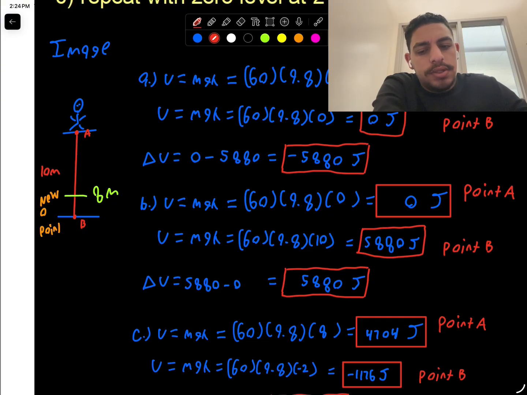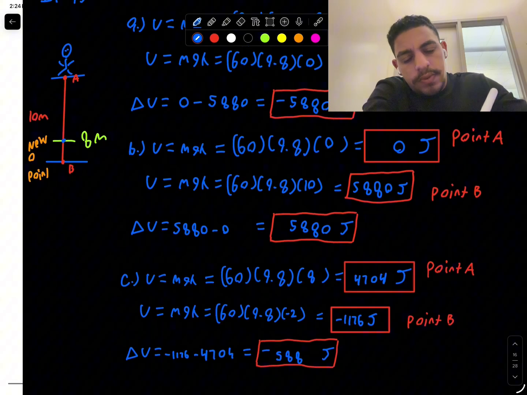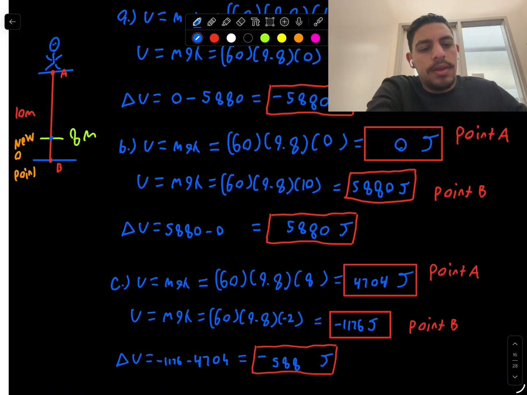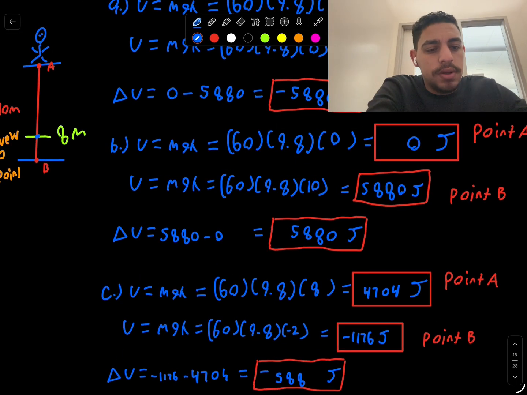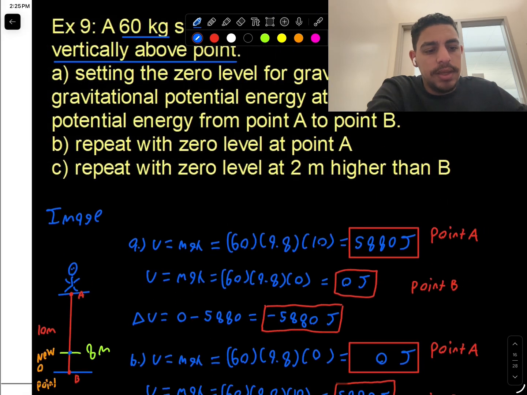And then you go back, and now it tells you the new 0 point is now at 8 meters, right? And so there's this point right here. And so what you can say is that, okay, now that that point is 0, now my point A is at 0 joules, and my point B is 5,880 joules. And so the change is 5,880, right?